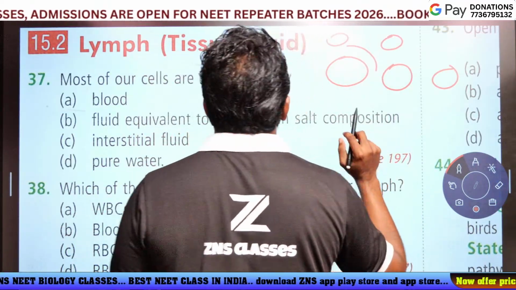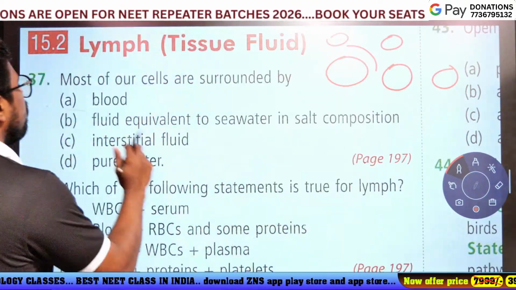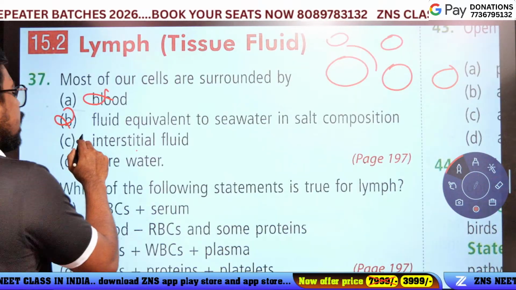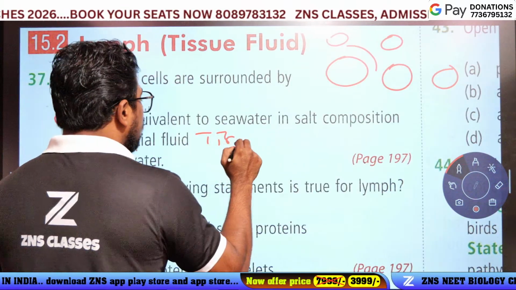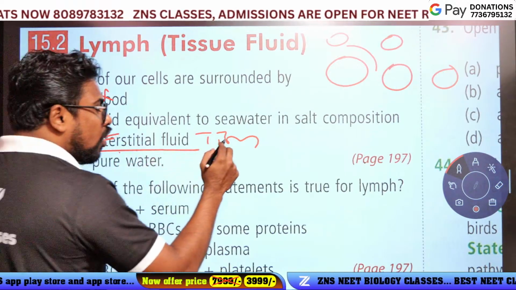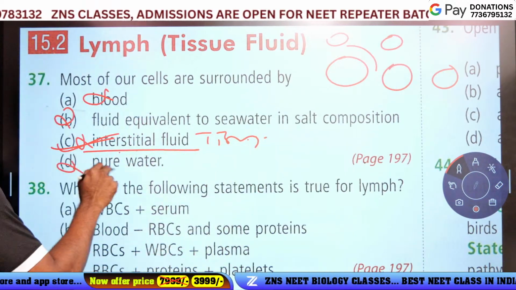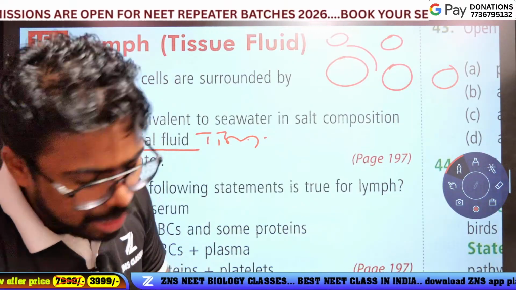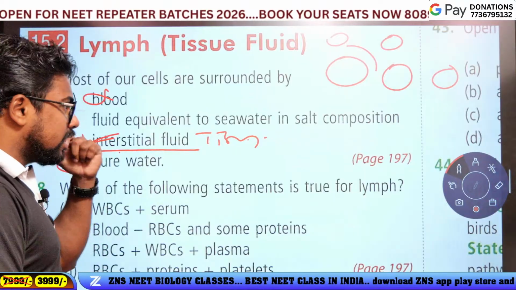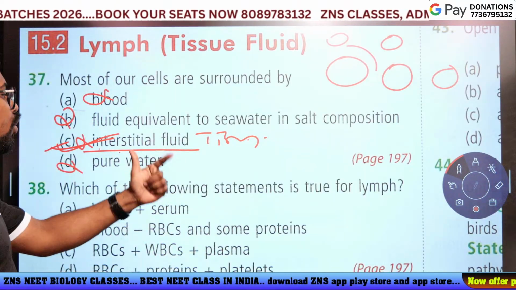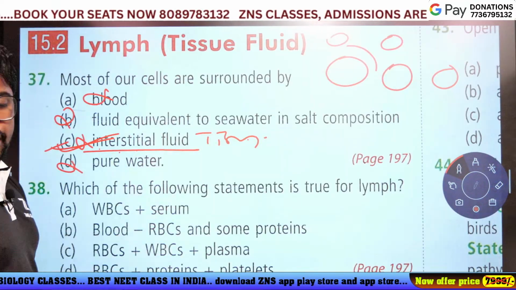That fluid is called tissue fluid. Interstitial fluid? Yes, that is tissue fluid. The interstitial fluid is called tissue fluid, not pure water. Option C is the answer. It's a good question. Note this question: the cells are surrounded by tissue fluid or interstitial fluid.